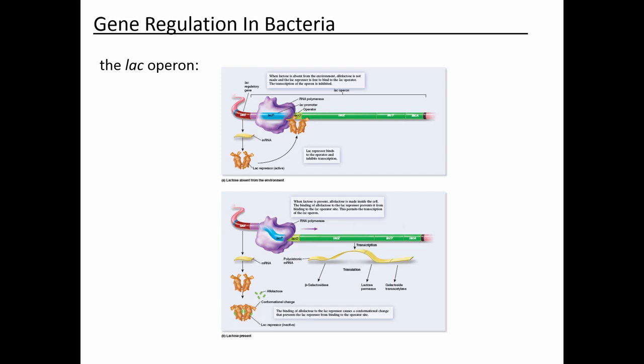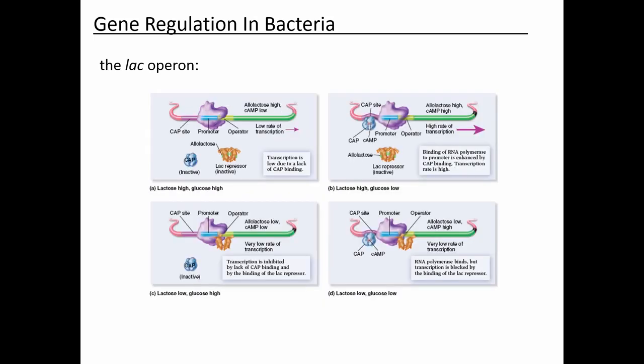So any situation where you have lactose present, the repressor is not going to be bound to the operator. But that doesn't necessarily mean it's going to be on, because remember, you also need CAP bound to the CAP site.